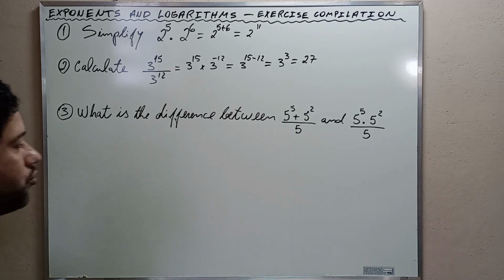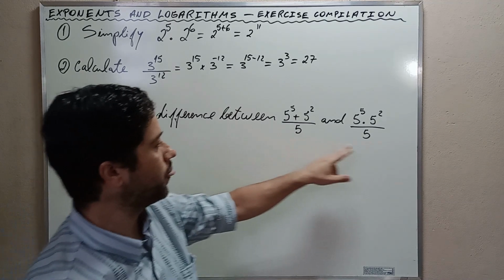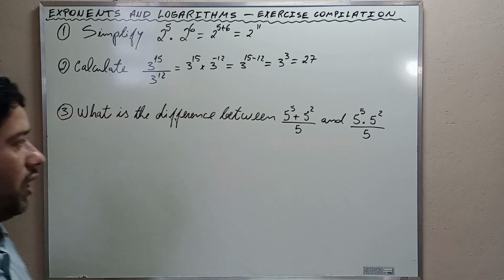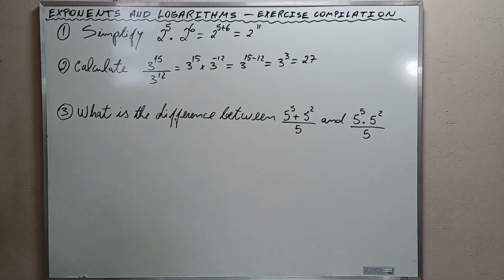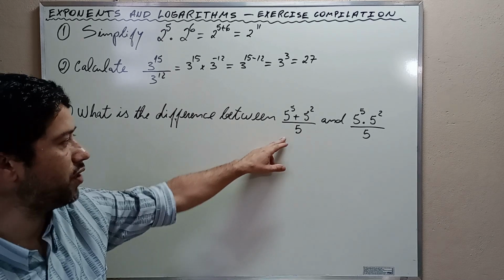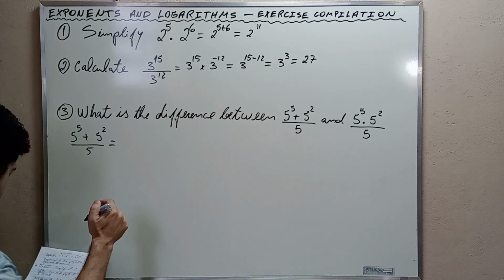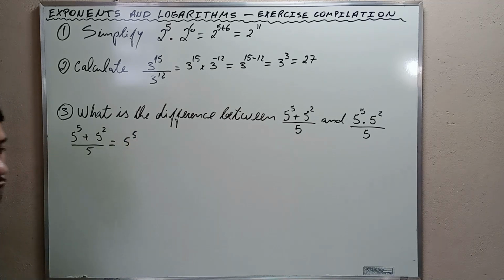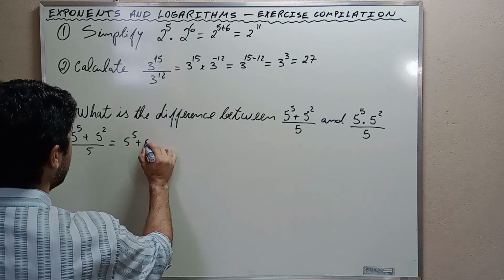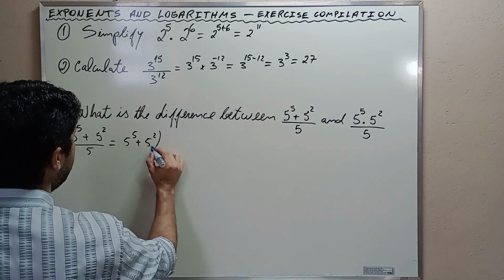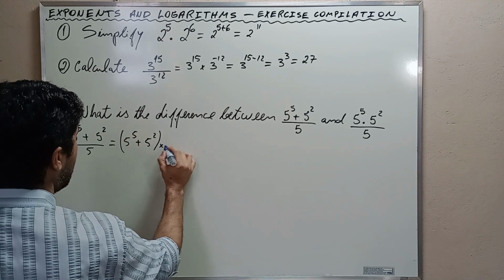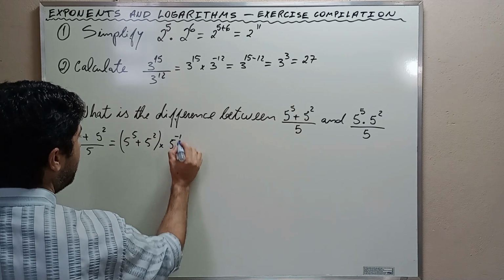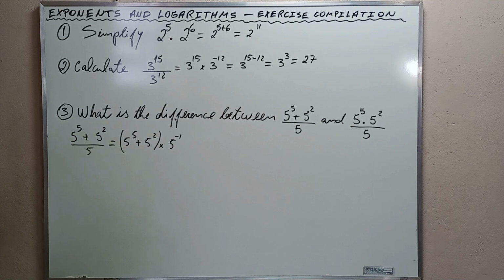What is the difference between this and this? Let's work on them separately to understand the difference. Working on this first, it is 5 raised to the 5th power plus 5 squared, times 5 raised to the power of negative 1.